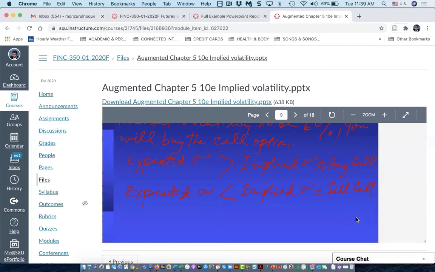Yeah, Kevin, implied volatility comes from the model, right? It is implied by the market price of the call, right? So if that implied volatility is less than expected volatility, you expect the volatility to be greater.